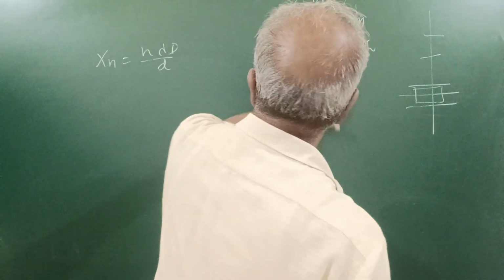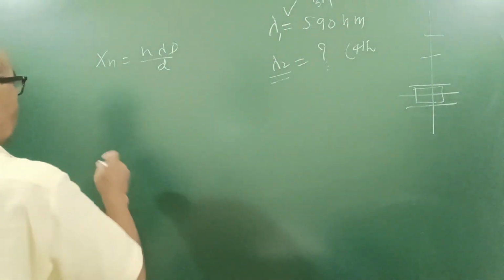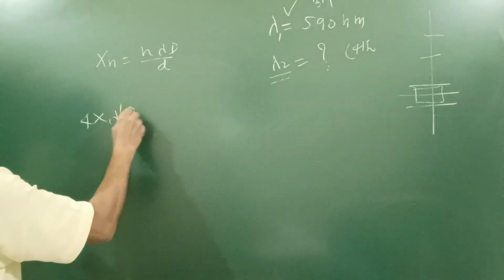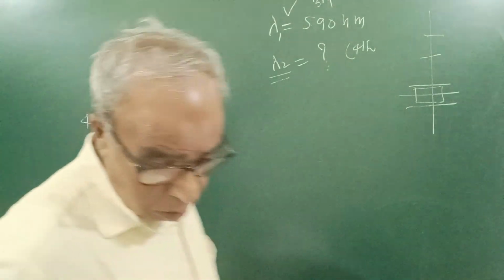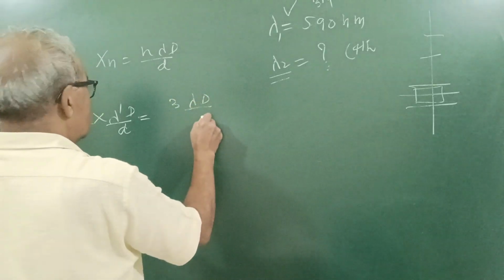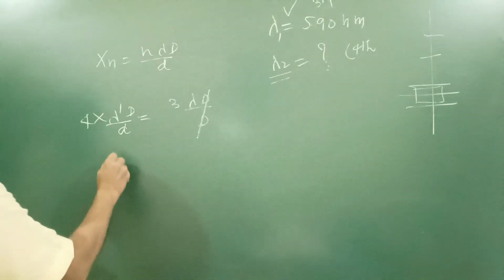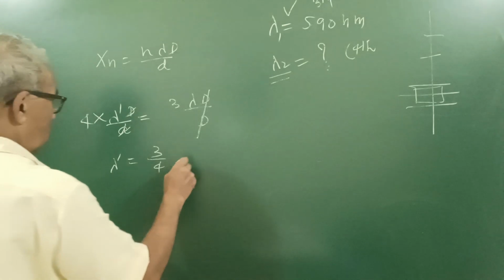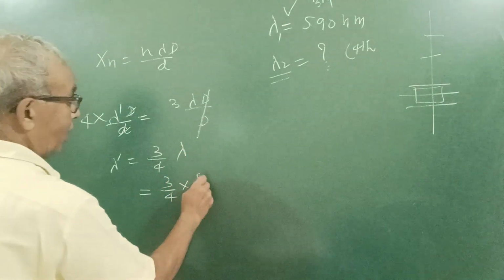It means this wavelength is smaller. So we can write 4 into lambda dash D upon d is equal to 3 lambda D upon d. Cancelled. So lambda dash equals 3 by 4 into lambda. So 3 by 4 lambda is 590 nanometer.